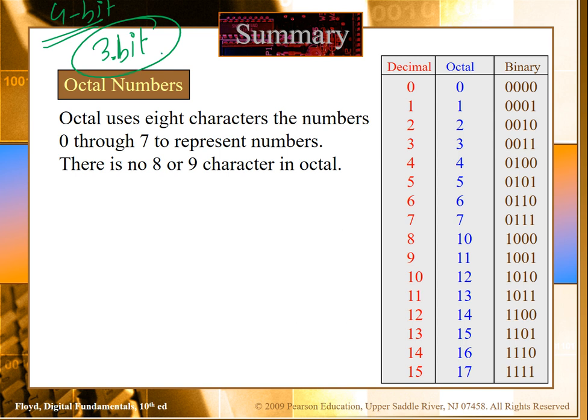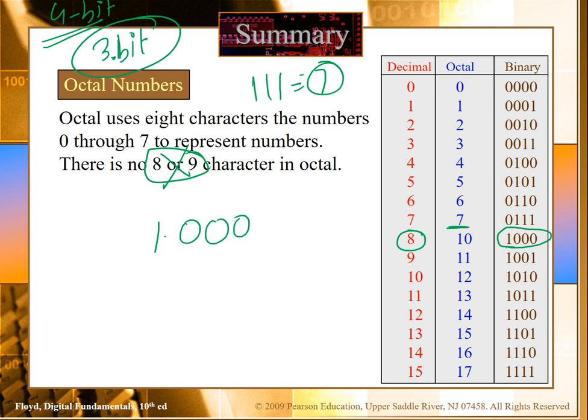In a 3-bit system we know that the maximum we can get is 7, right? So in octal there is no 8 or 9. For example, you can write 000, going till 7. Then in binary, this is 100 and this is equivalent to 8.